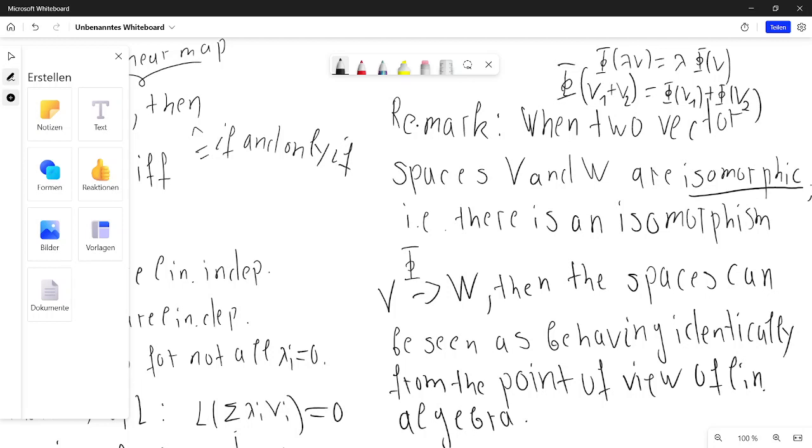And now this map is even bijective. So this is mapped to some W1. This is mapped to some W2. And if you go back, and this is mapped to some W3, but this W3 is exactly W1 plus W2.